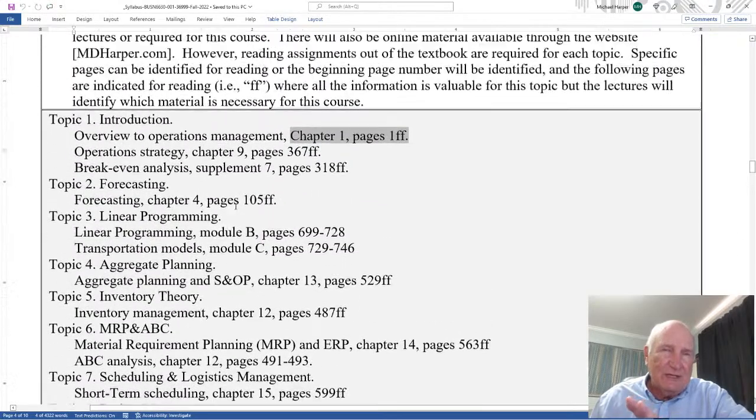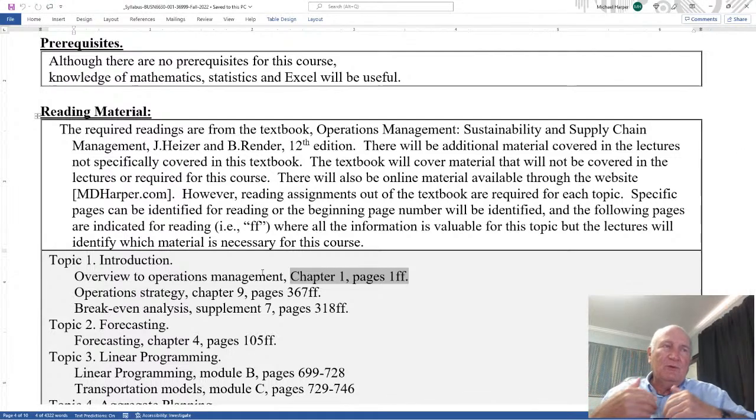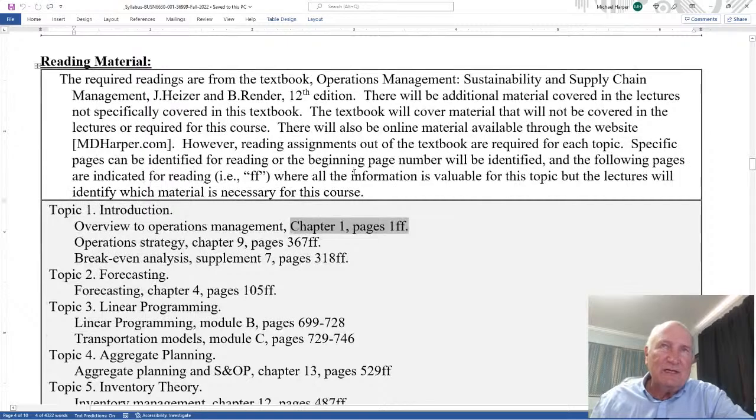So here are the readings. A lot of people learn by reading. Some people don't. They'll listen to the videos. Some people will work the problems and then go back and look at the videos, or do the problems, then go back and read. Anyway, this is the reading material.